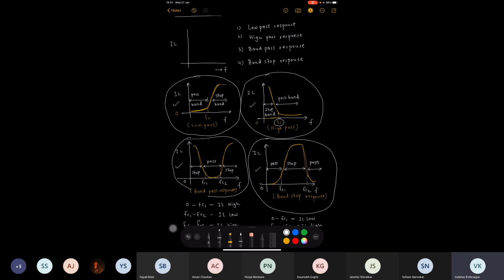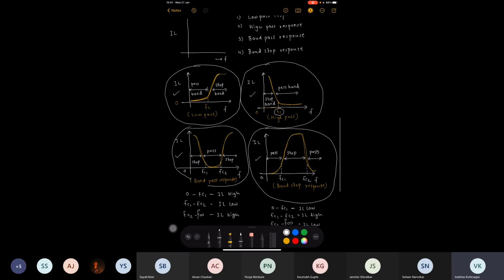Now, focus on these frequency response characteristics, think about them, and try to tell me what other information you can find from these responses I have plotted on the screen. Observe them carefully and tell me more about how these types of filter responses look. Any idea?